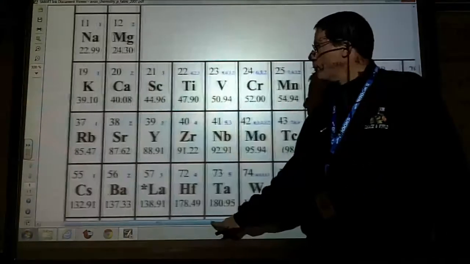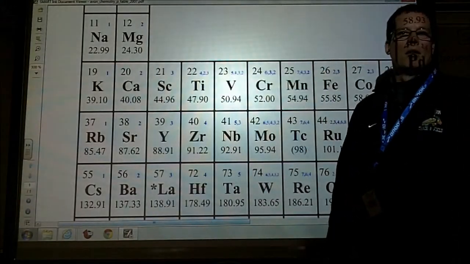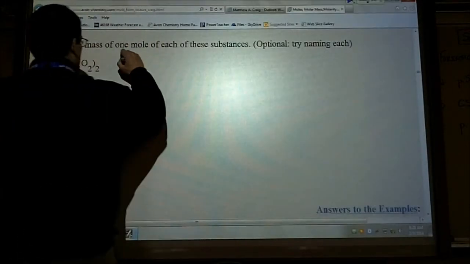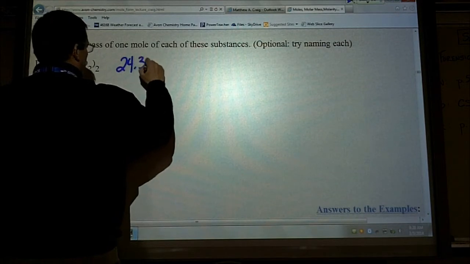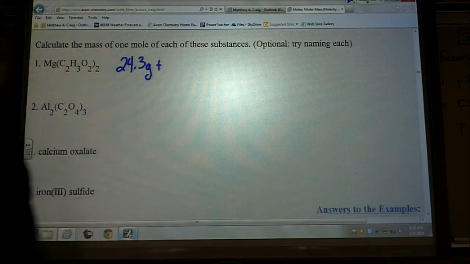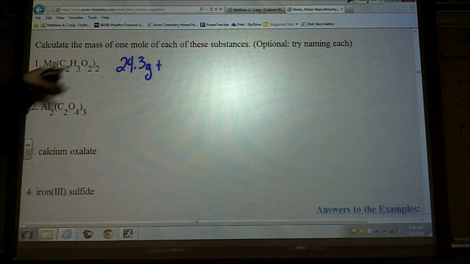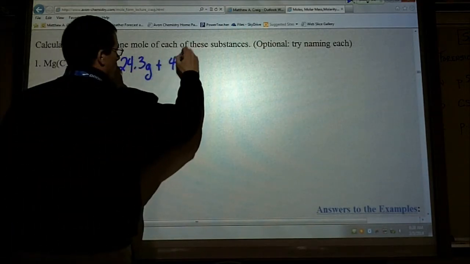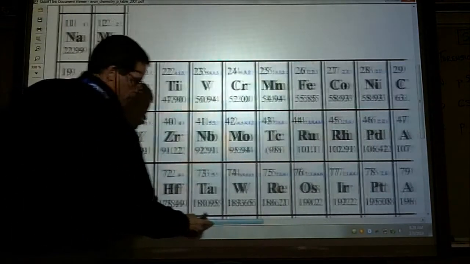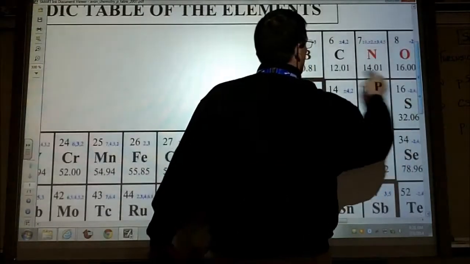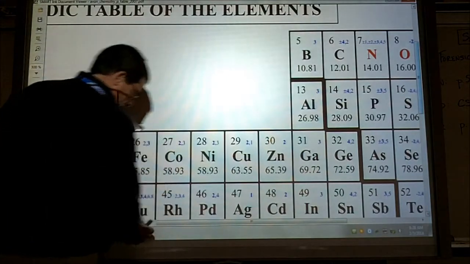So magnesium, how many magnesiums do we have in the compound? 1. What is the molar mass of magnesium? 24.3. And how many carbons do we have? 4. Very good. Carbon has a molar mass of 12.01. It's not being shown there, but right there, 12.01.